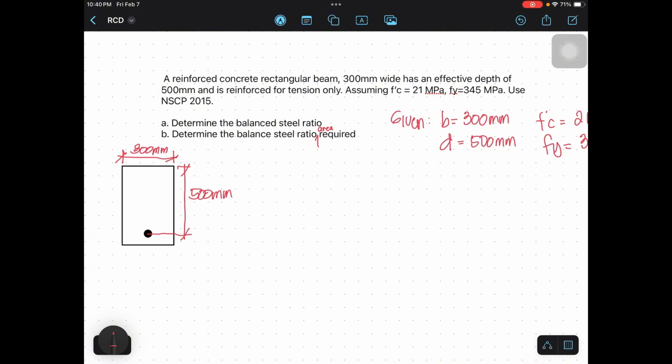First question, determine the balanced steel ratio of this specific problem according to NSCP 2015. Okay.